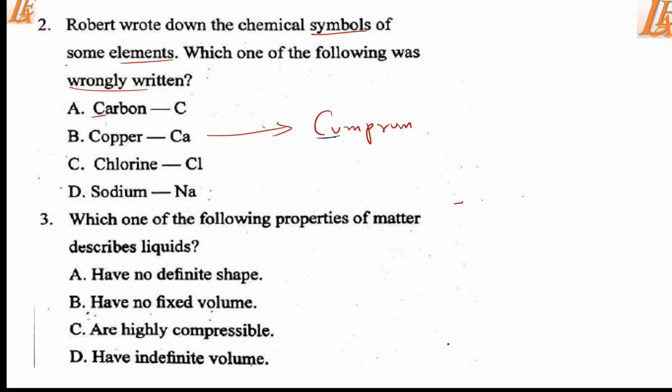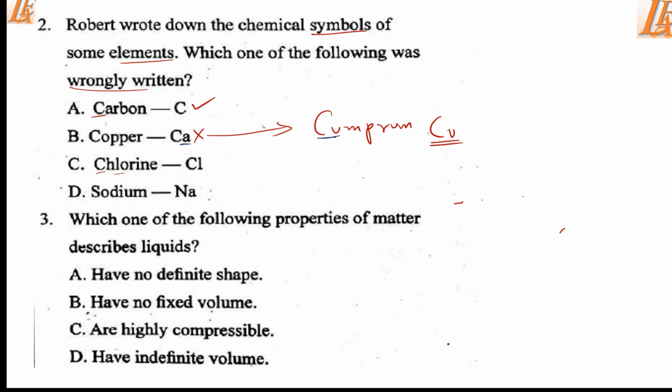But now in this case, Robert wrote Ca. Therefore, it means this one is wrongly written. The correct chemical symbol of copper is capital C, small u. Then C, chlorine. The symbol comes from the first letter in capital and then the third letter, that is Cl.